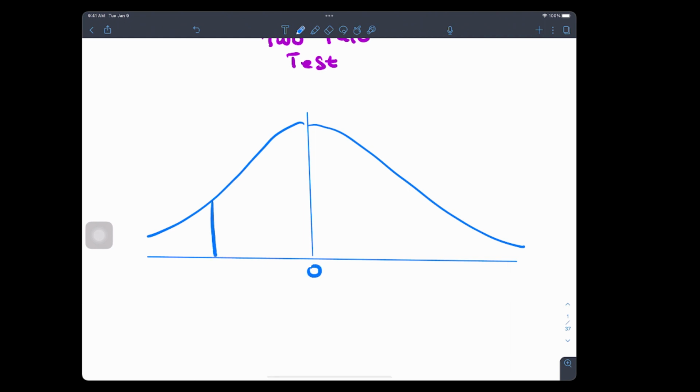Two tails. So what we did last time, what do we say here? Do not what? Then what do we say here?